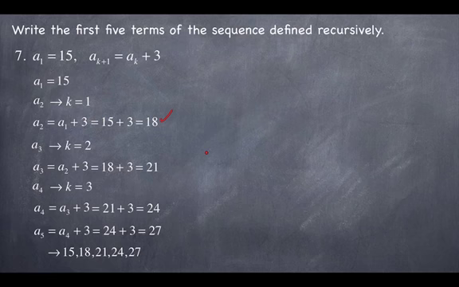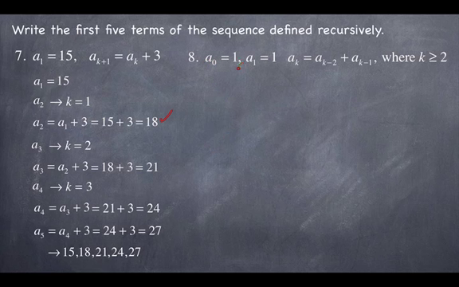Here's number 8. Now, here I give you a sub 0, a sub 1. And this is the rule. You have to take this k into account. The k has to be greater or equal to 2. So now, the first terms are given to us, which is right here. Now let's find a sub 2.